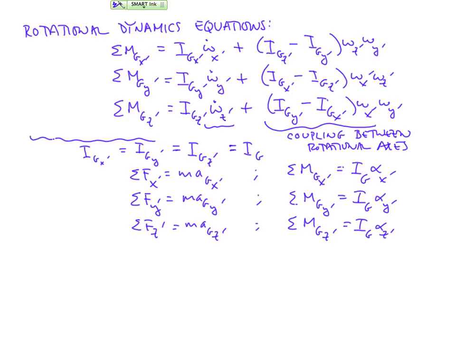What this says is that if I apply a moment in the x prime direction, not only will I get rotation in the x prime direction, but that will generally induce rotation in the other two directions. This makes the rotational dynamics equations generally very different from our translational dynamics equations.